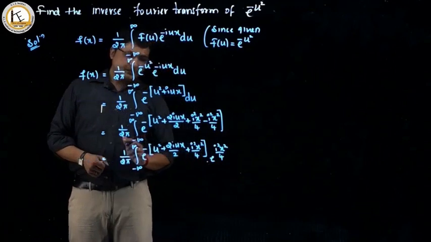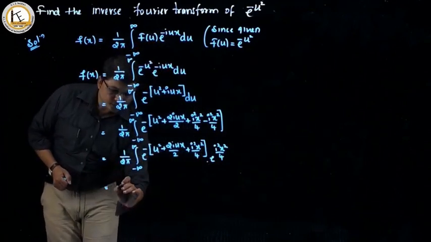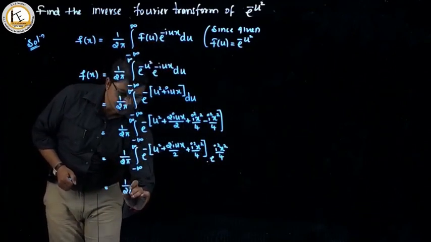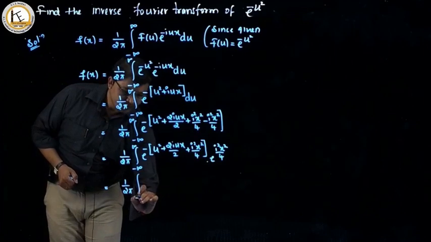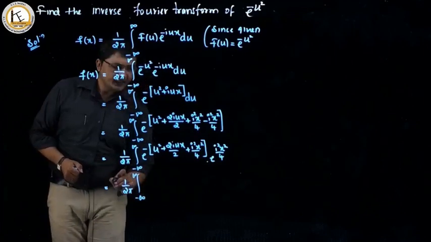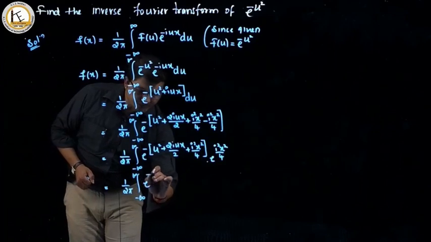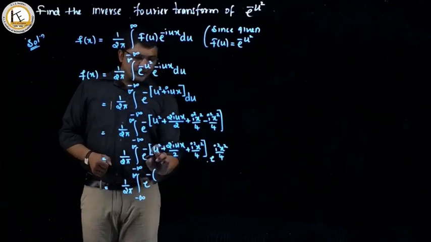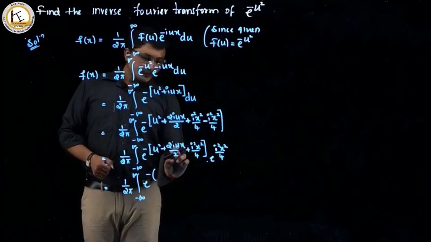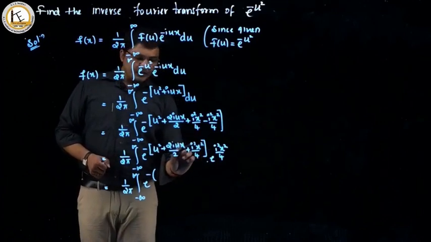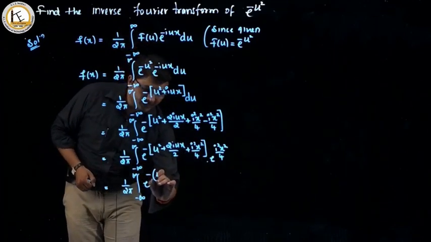Next I will take one more exponential with the last term. So minus into minus becomes plus here, so it is i square x square by 4. When you multiply these two exponential functions, you will again get the previous step's answer.